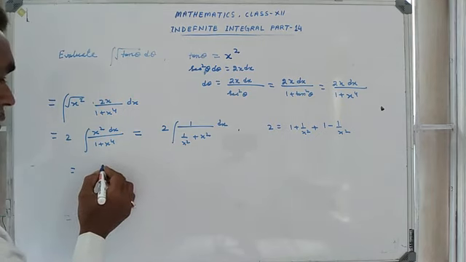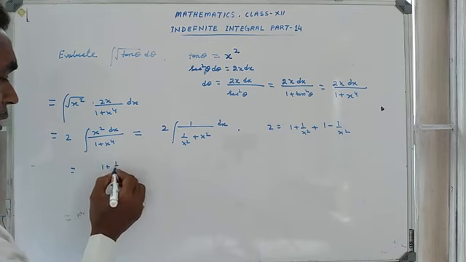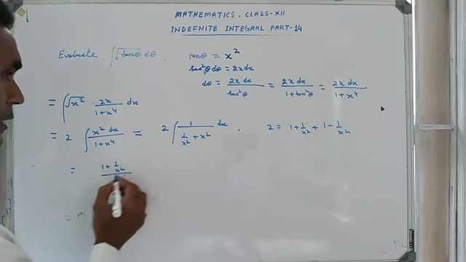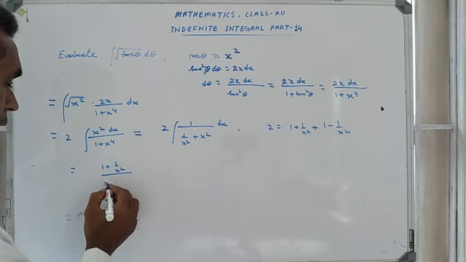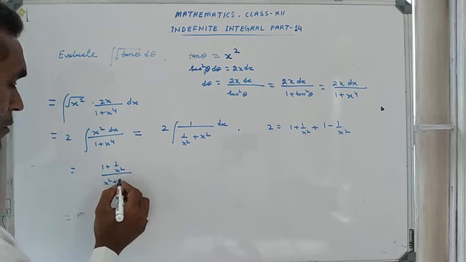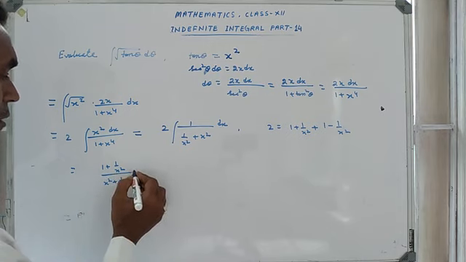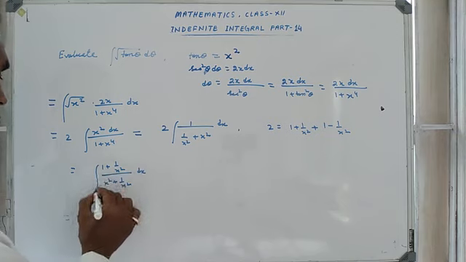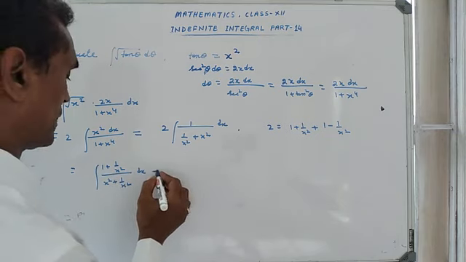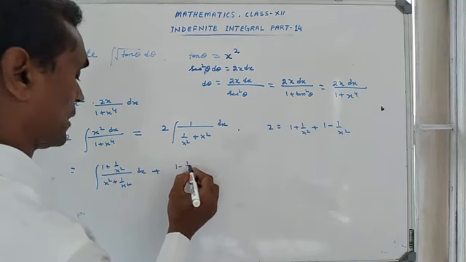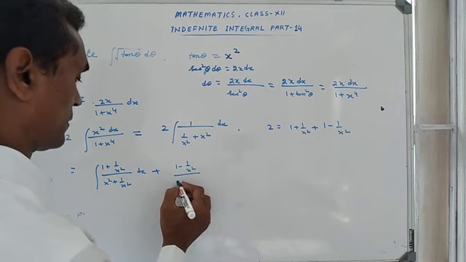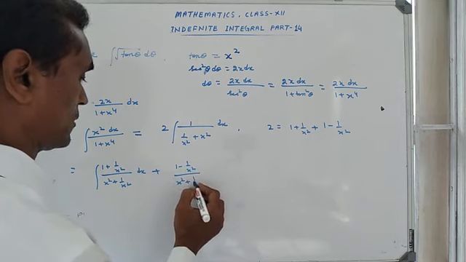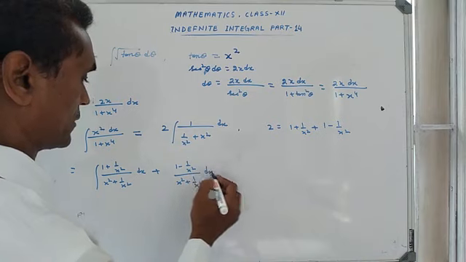So it will be 1 plus 1 by x square divided by x square plus 1 by x square dx integral, then plus sign 1 minus 1 by x square divided by x square plus 1 by x square dx.